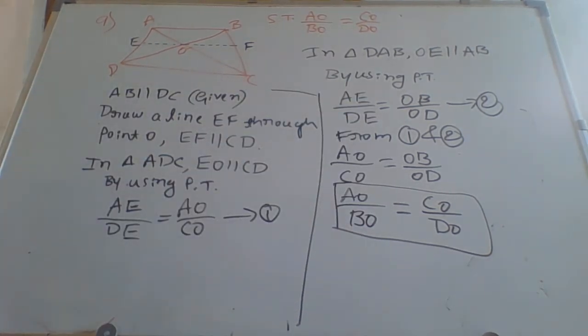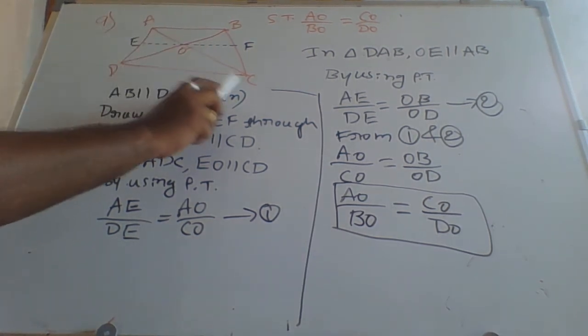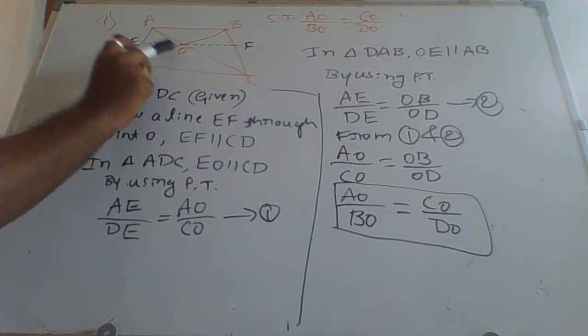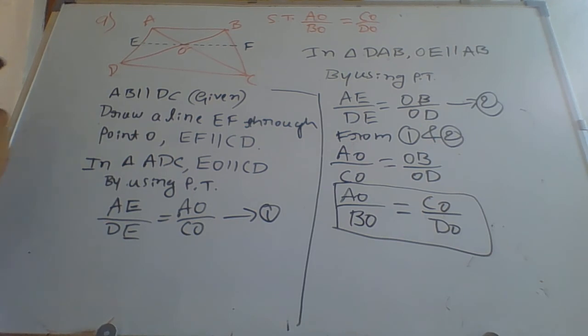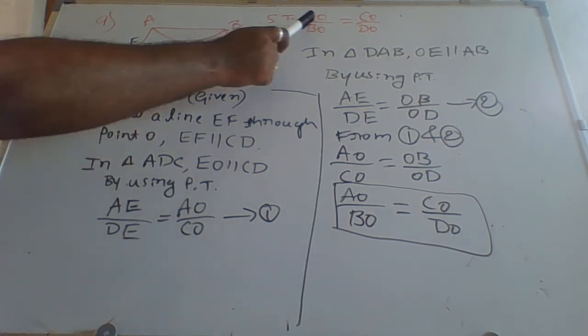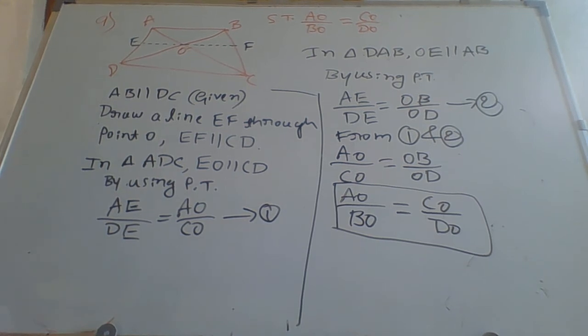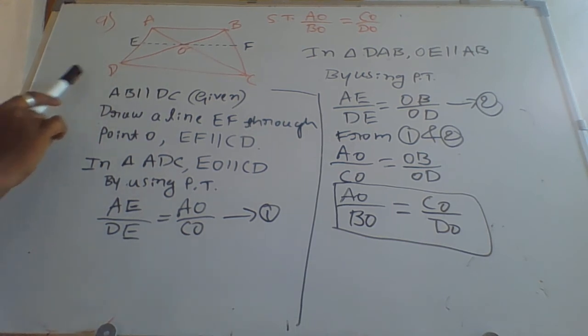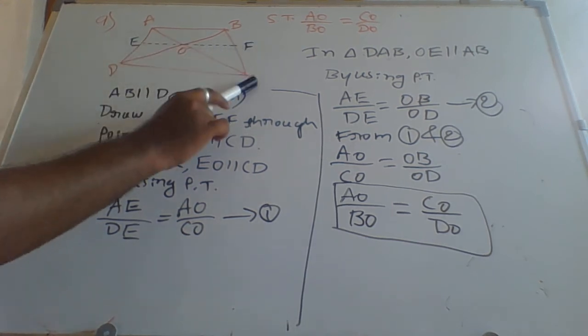See here again. In the trapezium, AB is parallel to CD and they have given that both the diagonals intersect at point O, and we have to prove this. To prove this, what I did first was draw a line EF parallel to CD. This EF is parallel to CD.